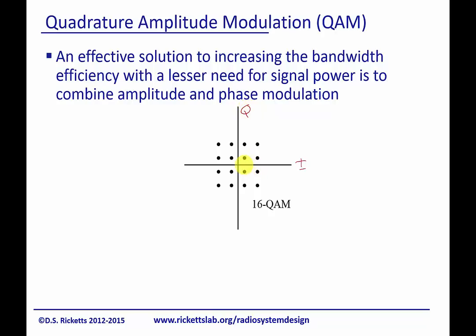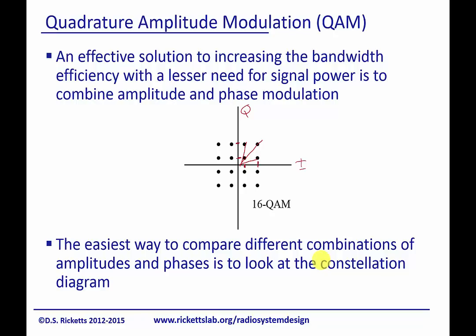What you can see is that we've got two different values of amplitude for both the in phase and the quadrature. A way to also think about it is I've got an angle here, an angle here, and an angle here. So you can think about it as a magnitude and an angle, or simply as a superposition of the I and the Q.